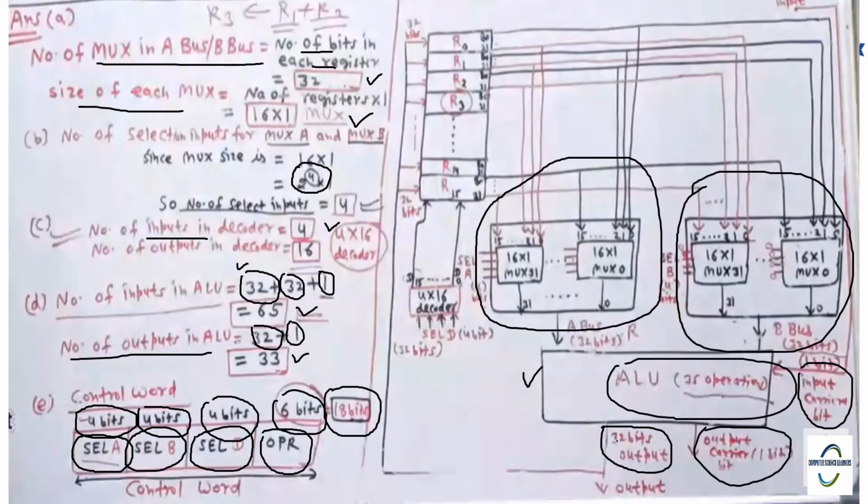And where these 32 bits will go will be decided by this select destination decoder, right? On the basis of the value of this decoder, these 32 bits will go into one of these registers. And how many total registers are there? 16, from R0 to R15, right?